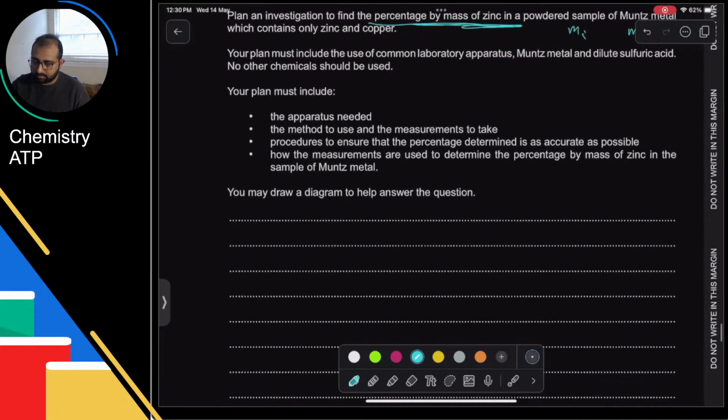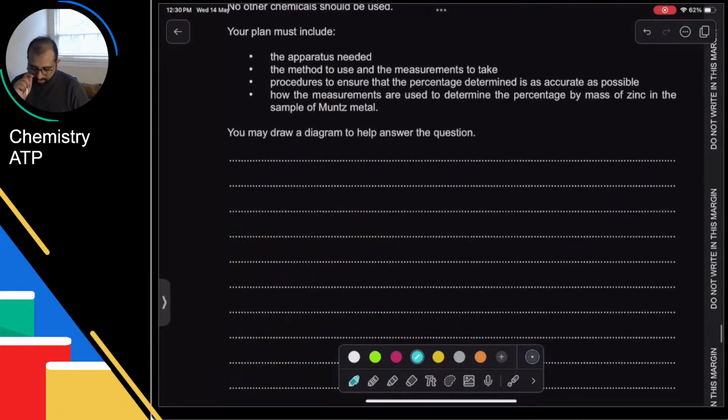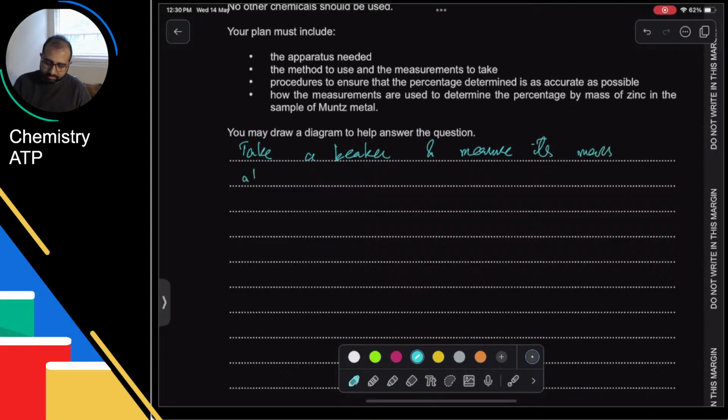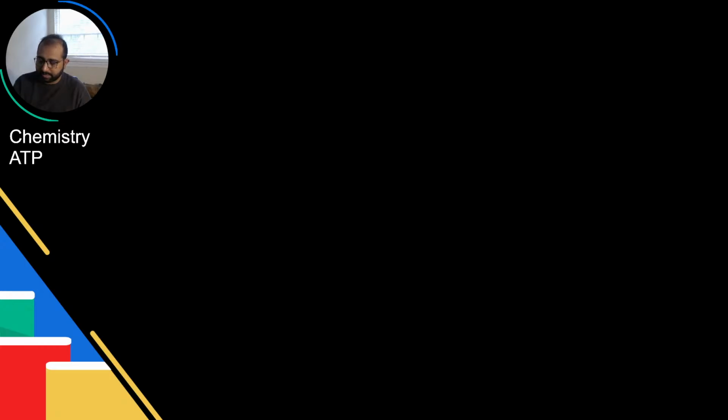We need the, I'll get to that in a bit. Okay, all right. So I like to write in points, but again, you're free to write in paragraphs. It's completely fine. Okay, so I'm gonna take a beaker and measure its mass, then add Muntz metal in it and measure its mass.